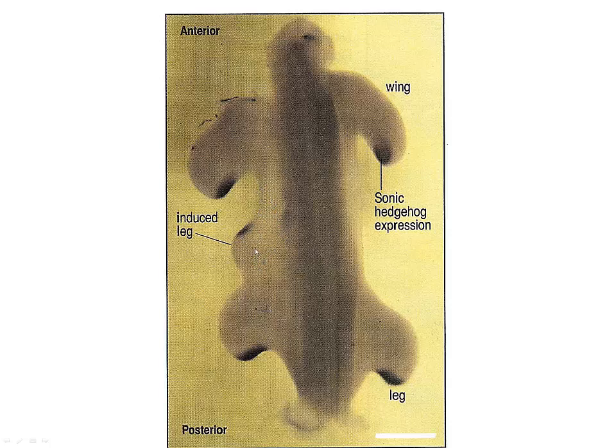Now, in this case, we're going to talk about the ZPA region, that posterior region, and this embryo was stained for sonic hedgehog, which is going to be characteristic of cells from the ZPA, and we can see it's posterior on all four of our normal limbs, but we also see that it is expressed on this induced ectopic limb that's forming, even though it's somewhat backward. It is going to be focalized to one area of the developing limb, which really speaks to the inductive effect of FGF on the formation of where a limb is going to occur.